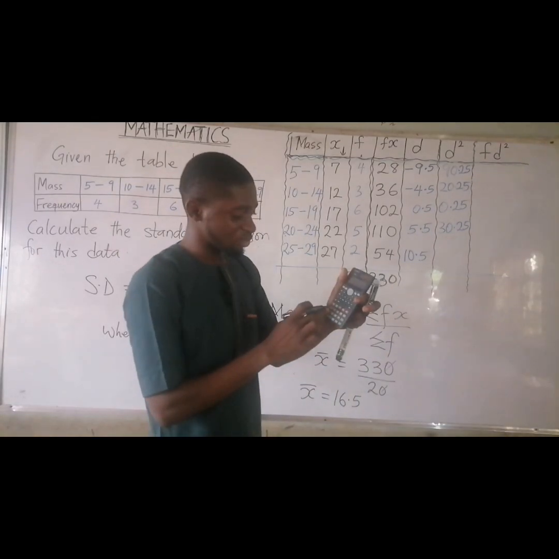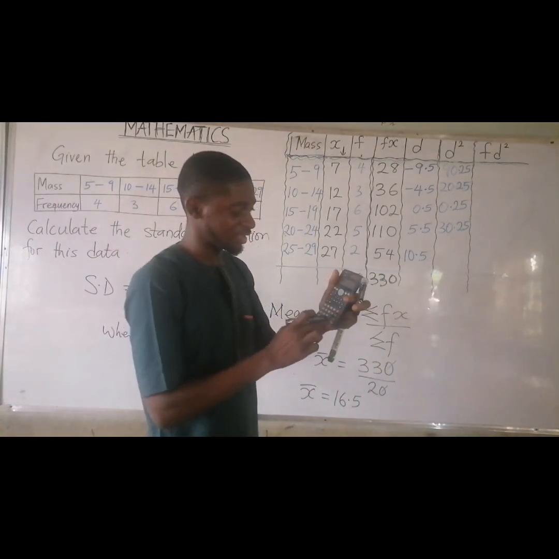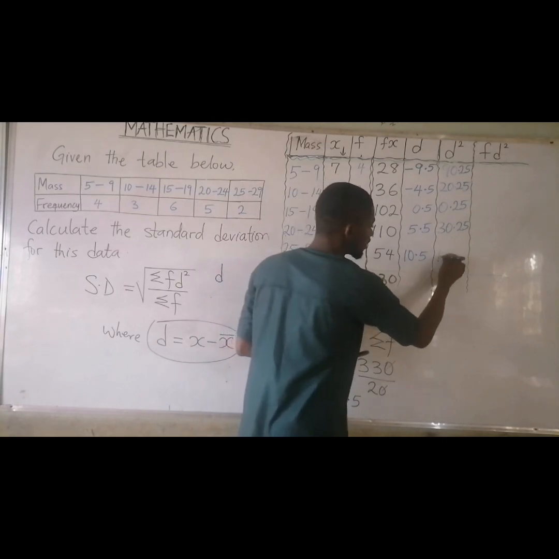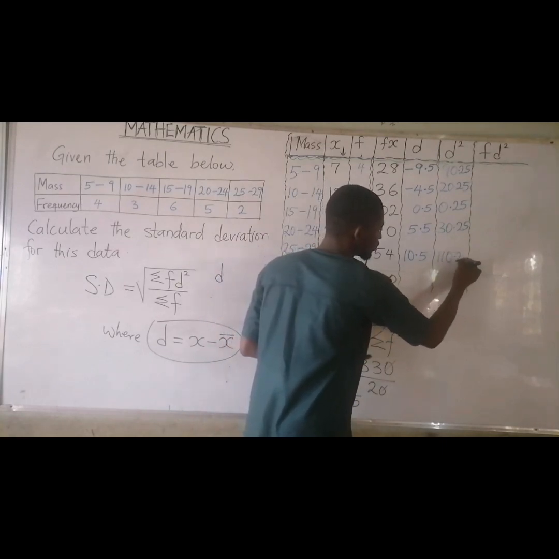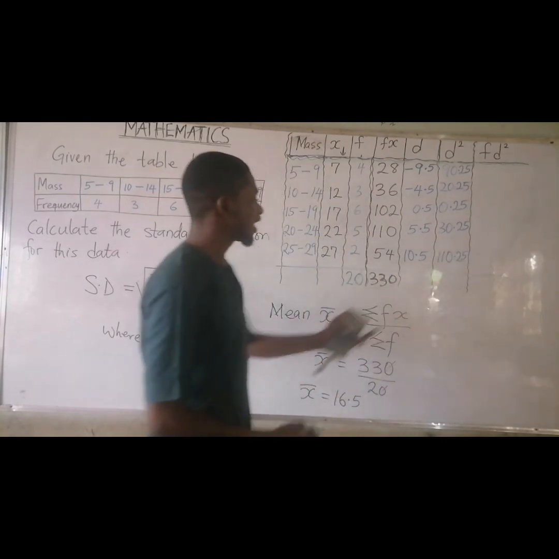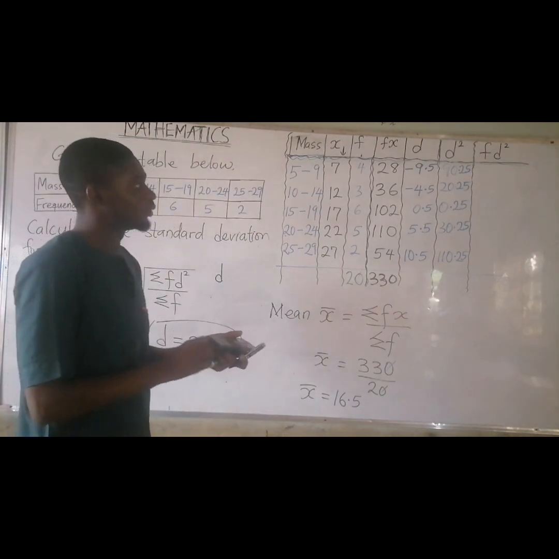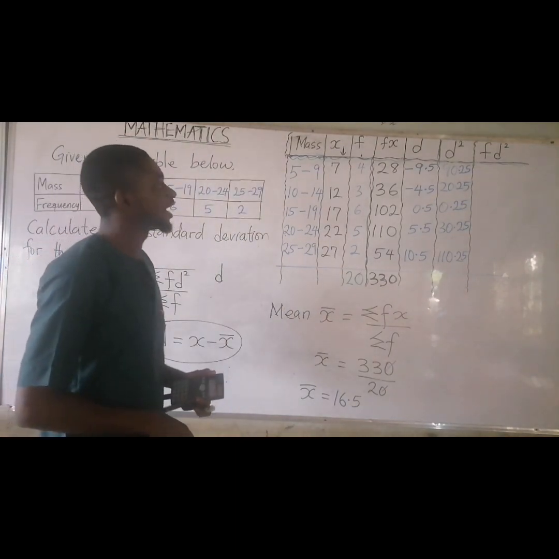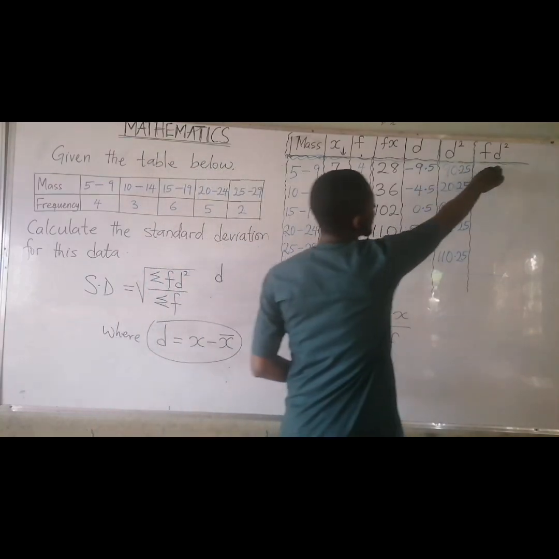Then the last one, 10.5 squared, gives us 110.25.